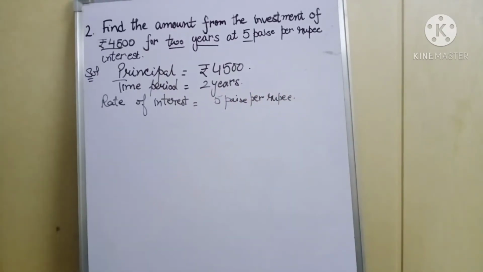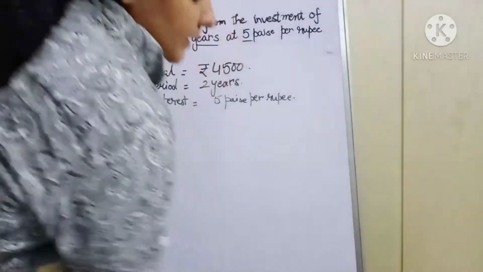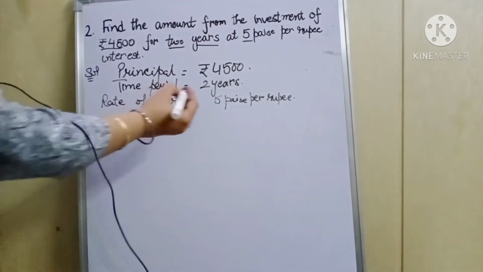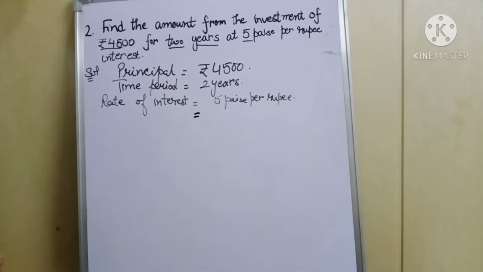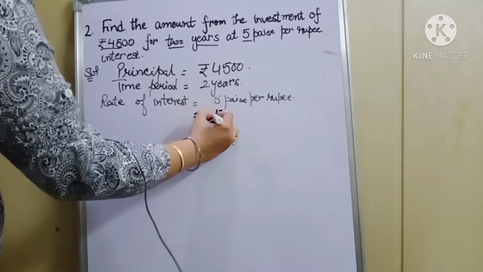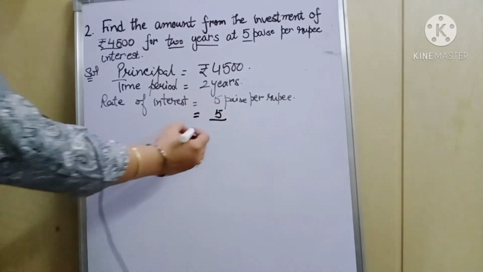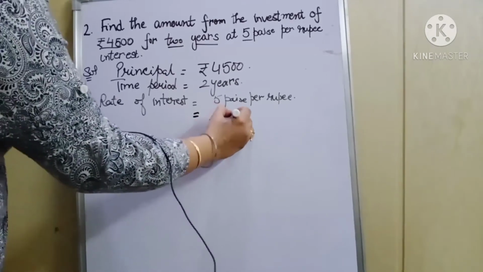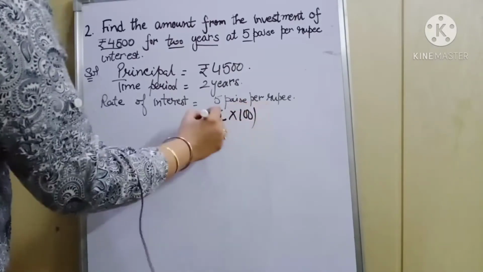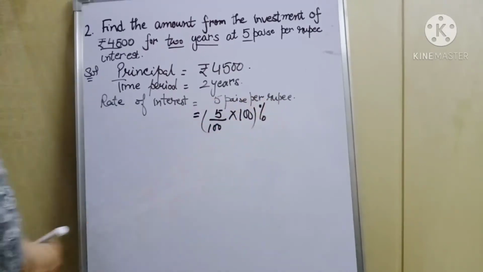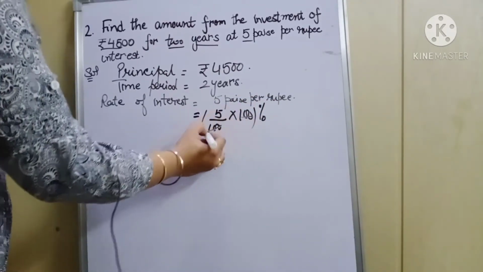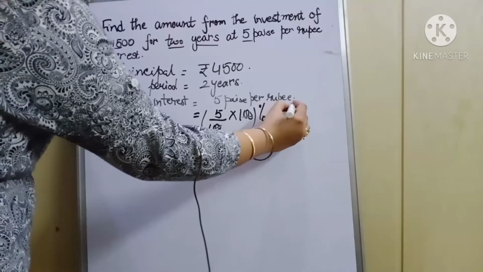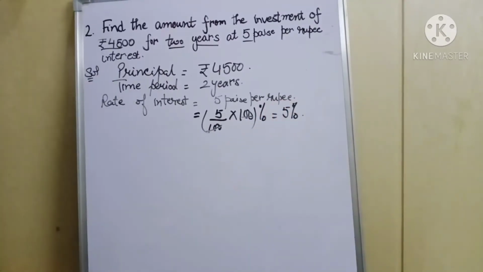We know that rate of interest is always in percentage, so we are going to find the percent of this. 5 paise per rupee, we just convert into rupees, 5 upon 100. Then we multiply this with 100 to convert into percentage. 100 and 100 cancel, we are getting 5%. Rate of interest is 5%.